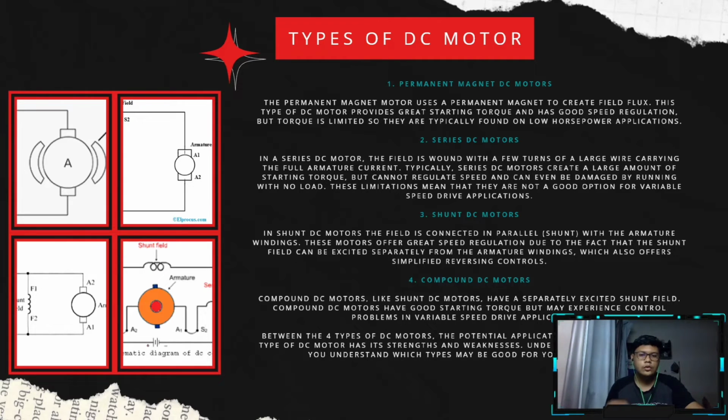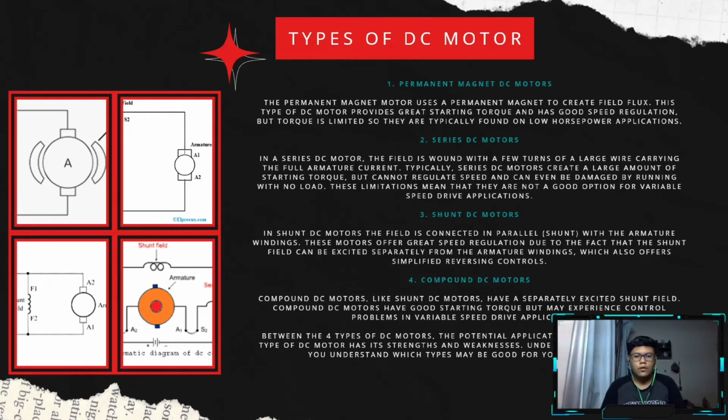Third is the shunt DC motor. In a shunt DC motor, the field is connected in parallel with the armature windings. These motors offer great speed regulation due to the fact that the shunt field can be excited separately from the armature windings, which also offers simplified reversing controls.